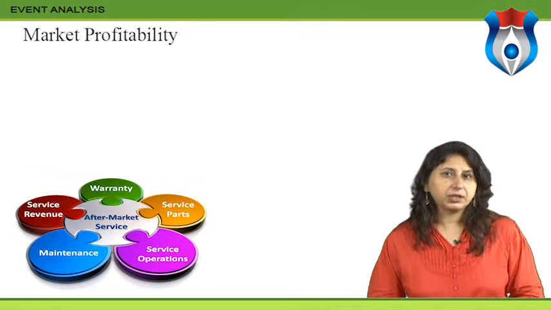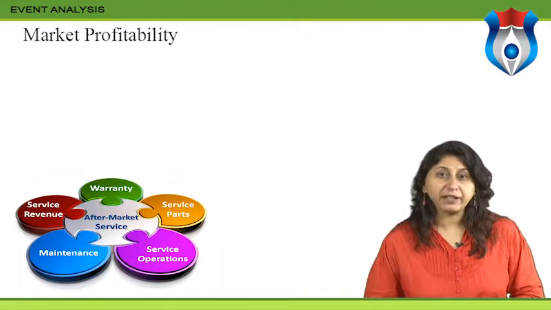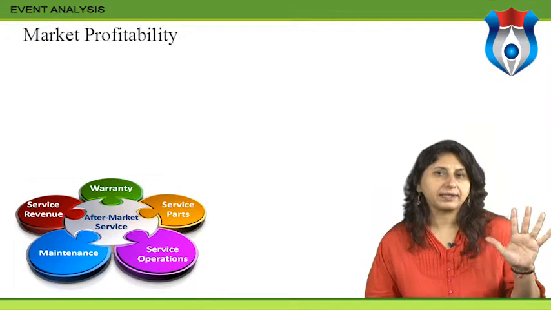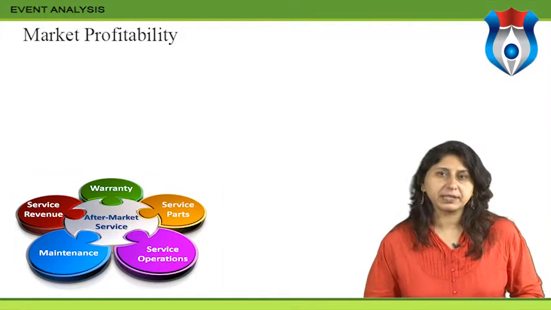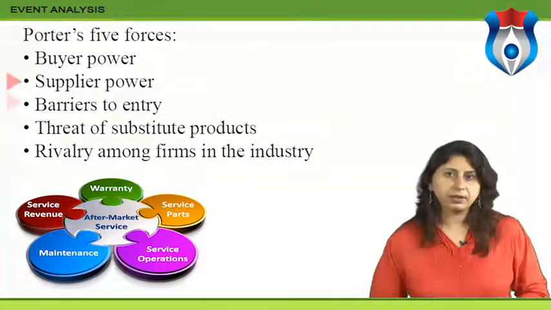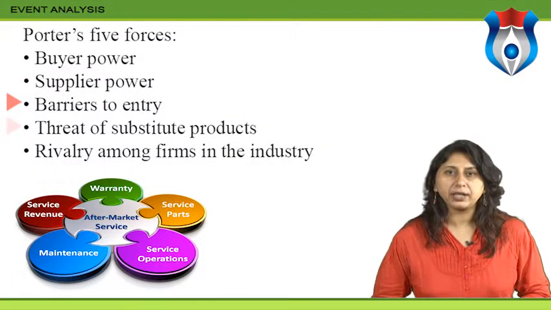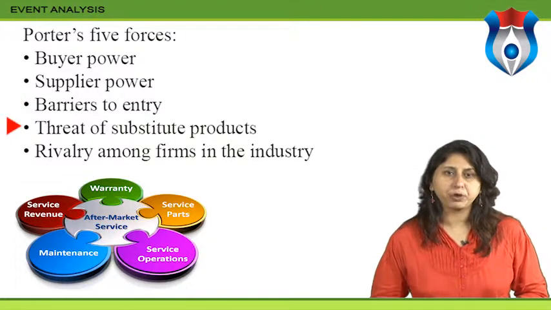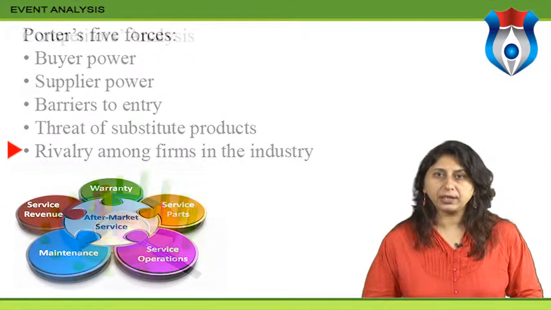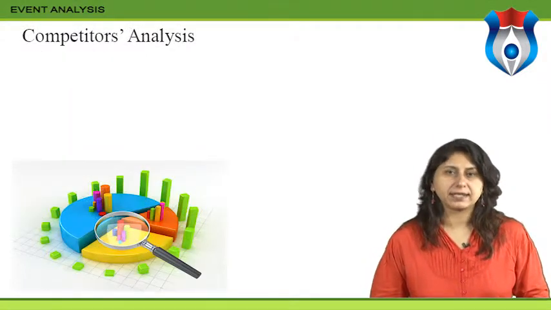This framework, known as Porter's 5 forces, identifies 5 factors that influence the market profitability: buyer power, supplier power, barriers to entry, threat of substitute products, rivalry among firms in the industry.